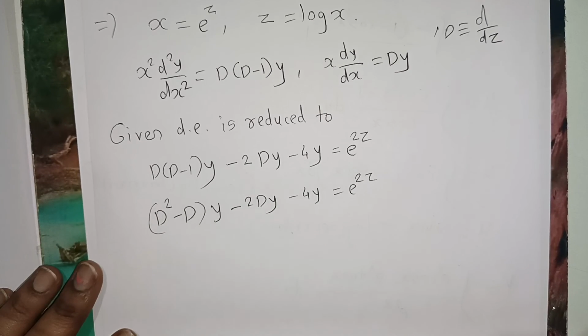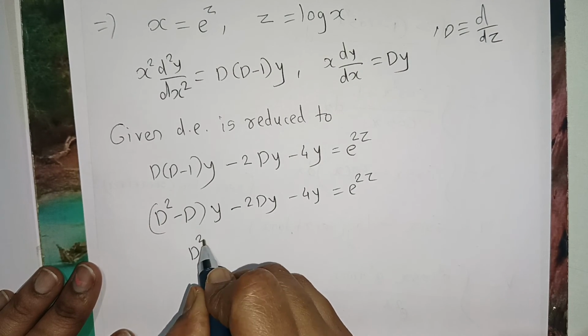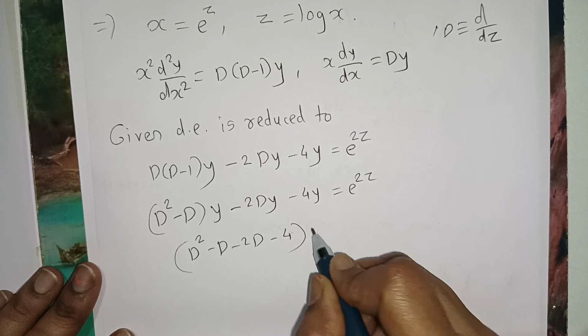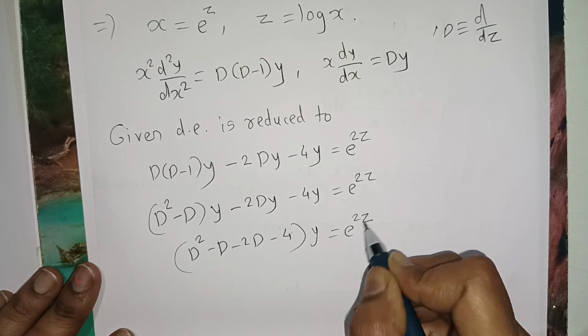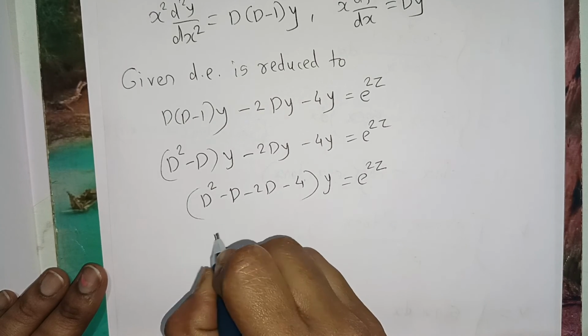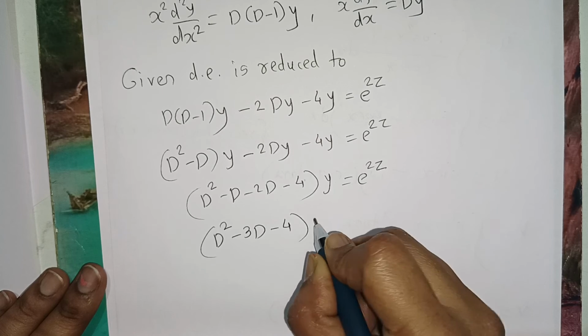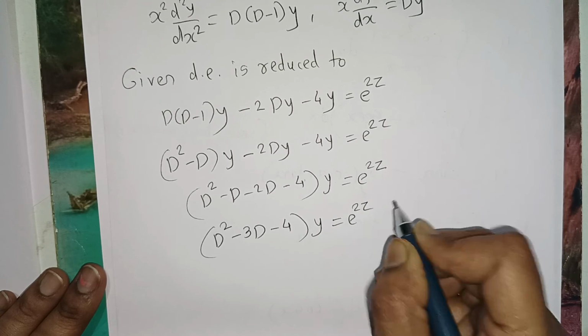Take this y in common. So D square minus D minus 2D minus 4 y is equal to e raised to 2z. So it is D square minus 3D minus 4 y is equal to e raised to 2z.